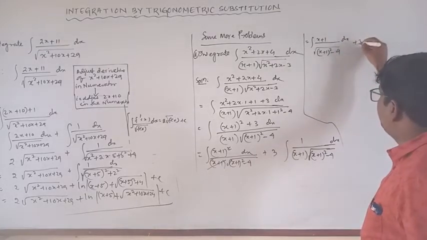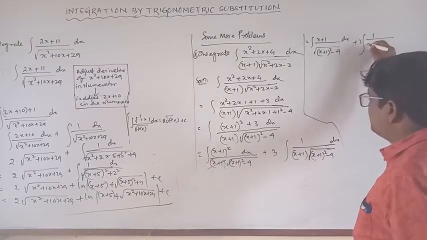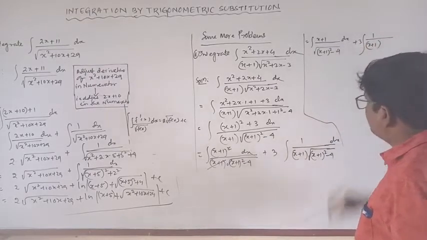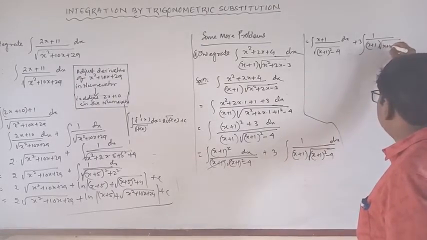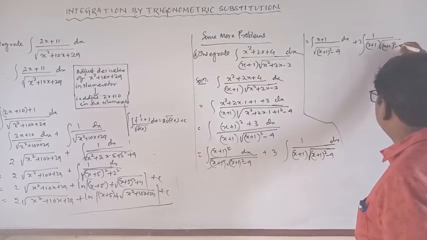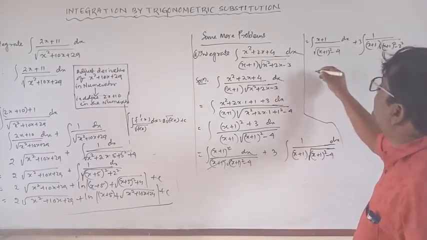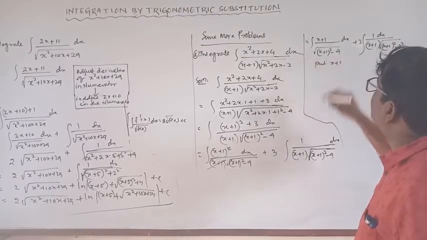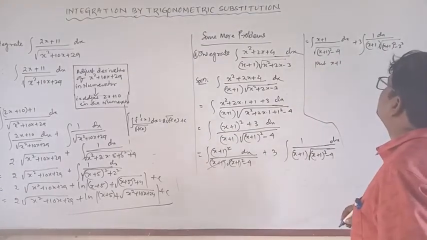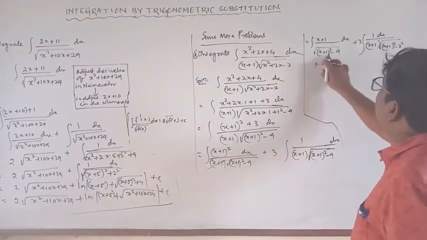Then 3 into this is x plus 1 and x plus 1. And this is what? Root over (x plus 1) whole square minus 2 square. Now dx. Put x plus 1 here. What is the derivative of this?